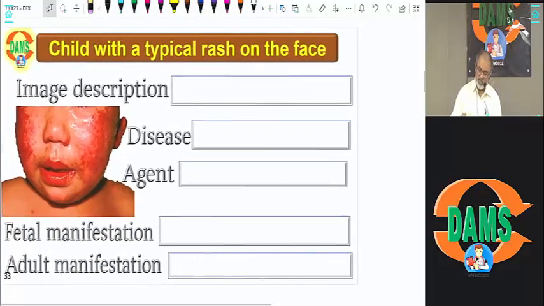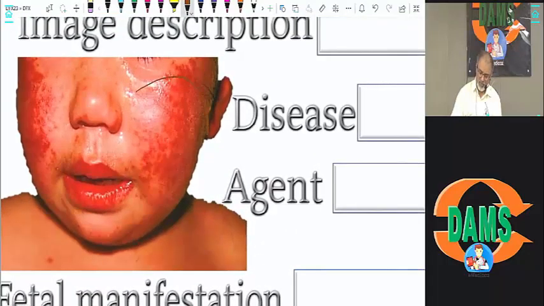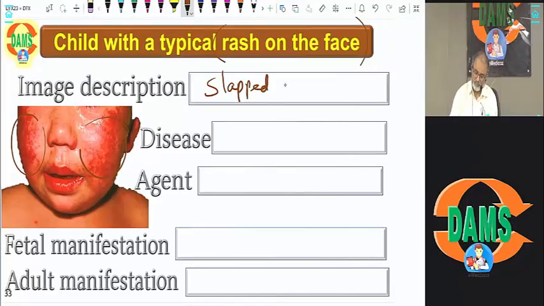Next is child with typical rash on the face. After seeing the face, what comes to your mind? Excellent. Okay, what is the description of the image? What type of rash? Slapped cheek rash. What is the name of the disease?